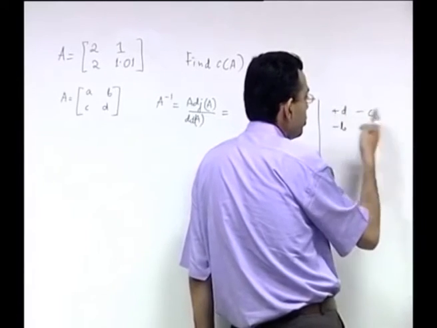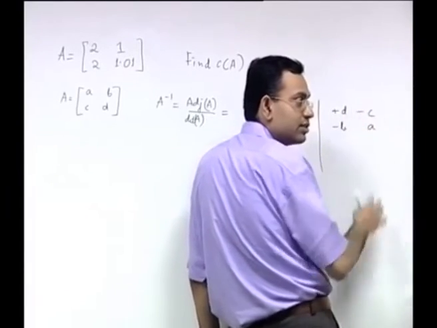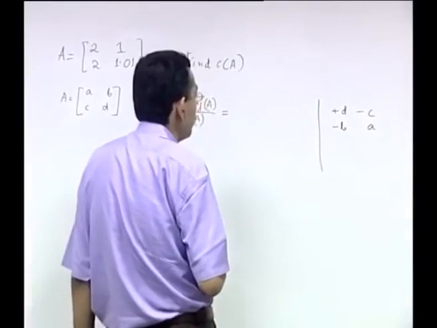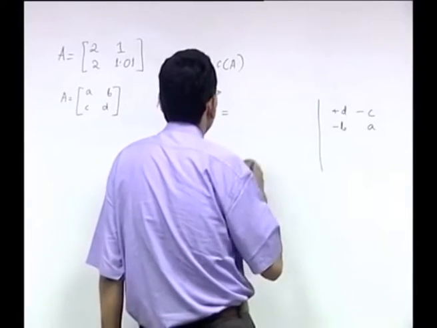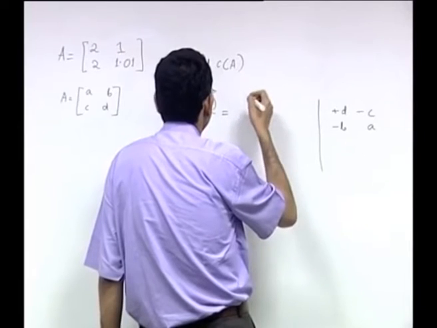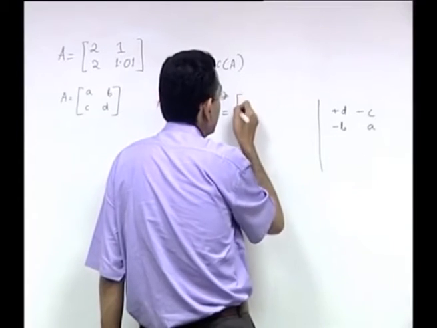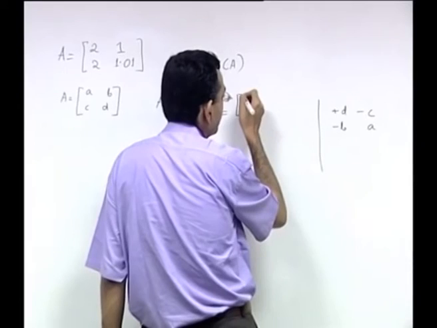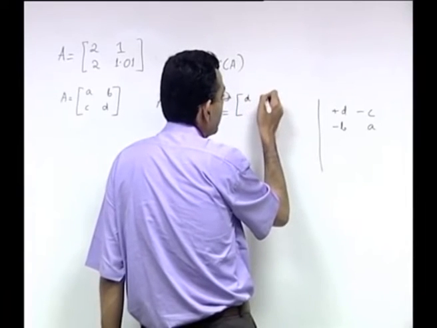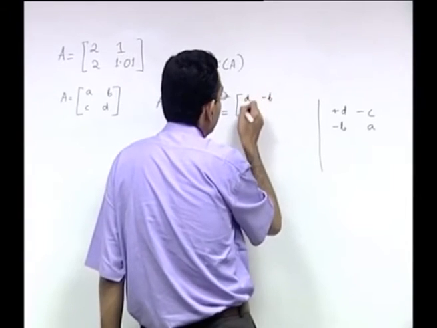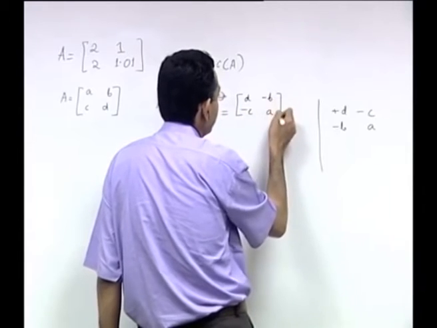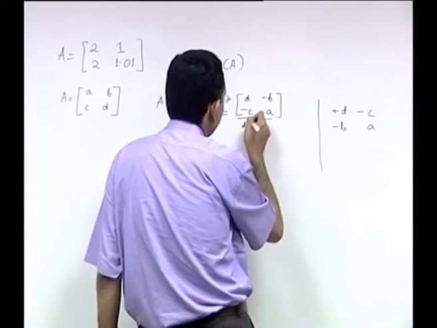Now, we find the transpose of these, so we interchange the rows and the columns. So, we have this as d, minus b, minus c, a, divided by the determinant of A.